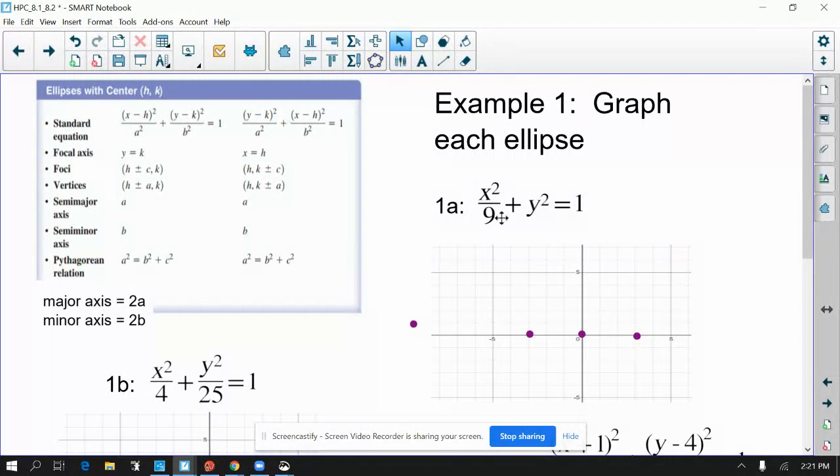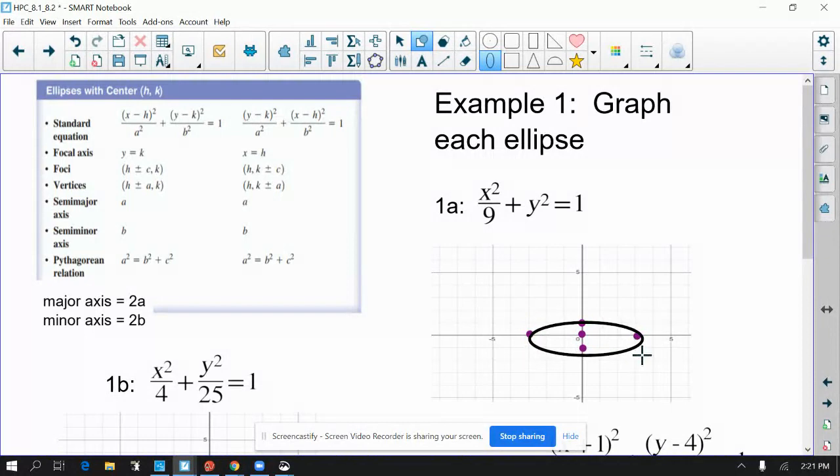Then remember, 9 is A squared. Under here, this is y squared divided by 1, and 1 would be B squared. So B is 1, so the minor axis is 1 away from the center. Then you just sketch as best as you can an ellipse.